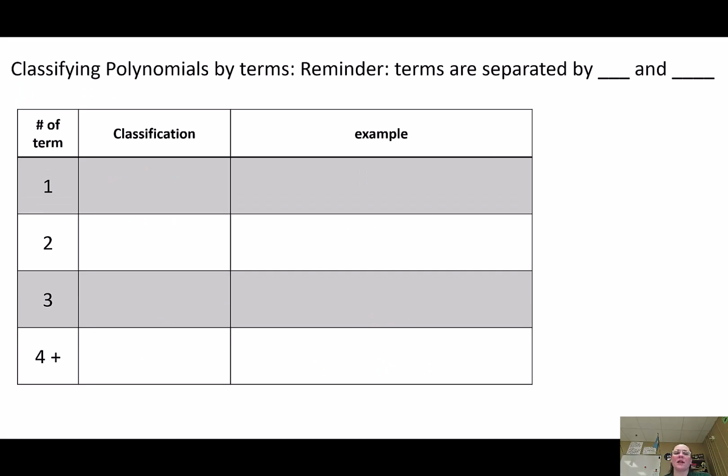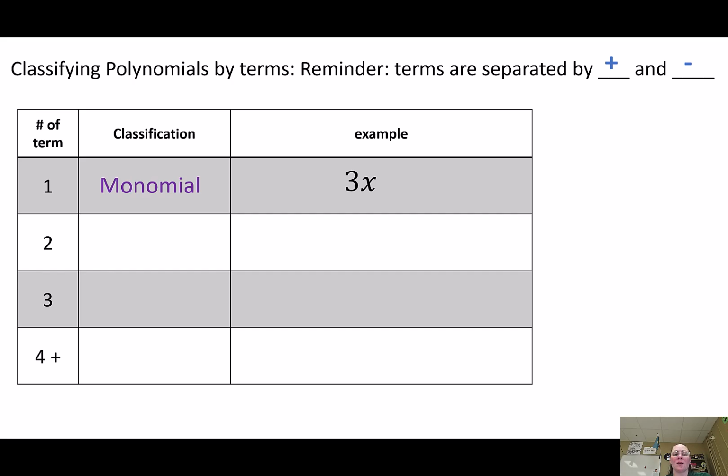Now, our other classification is by the number of terms. This is our second name. And remember, the terms are separated by addition and subtraction. So we're always going to have at least one term. This is called a monomial. An example of that is like 3x, 2x squared, 1. These are monomials.